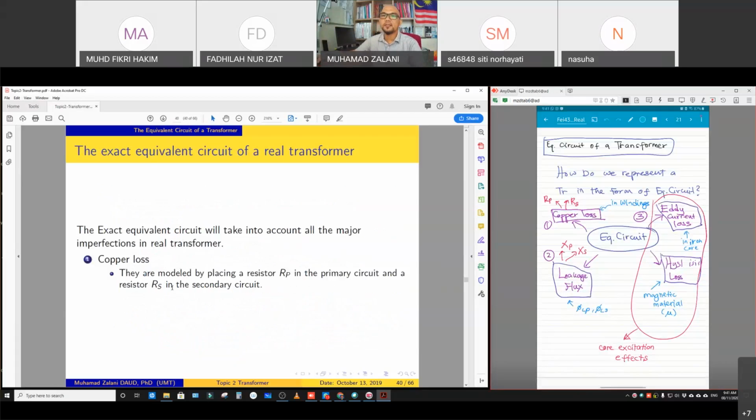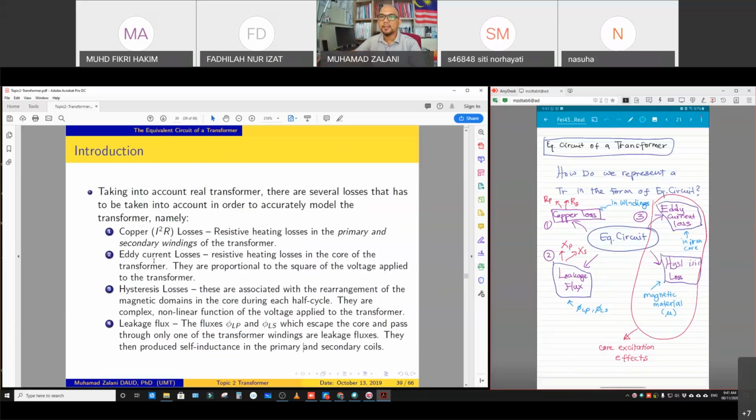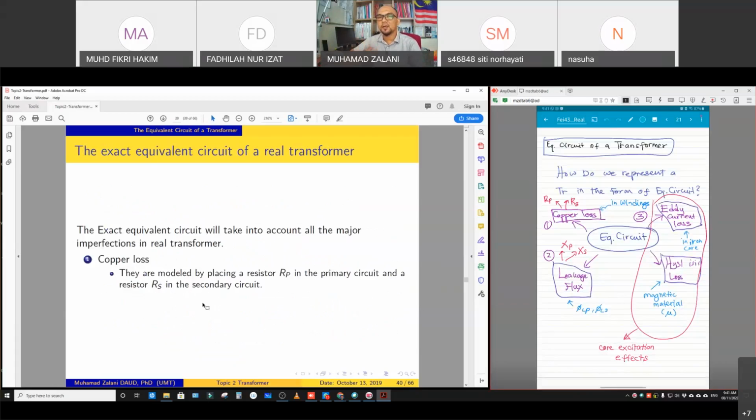So how do we represent the copper loss, eddy current loss, hysteresis loss, and leakage flux in terms of resistance or inductance, or capacitance? Resistance, because this is related to the coil. No capacitance, that is more for inductance-based characteristics. How do we represent copper loss?